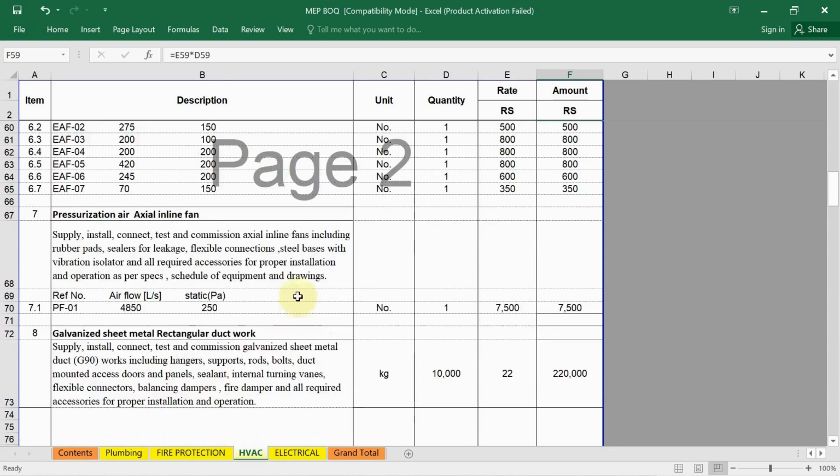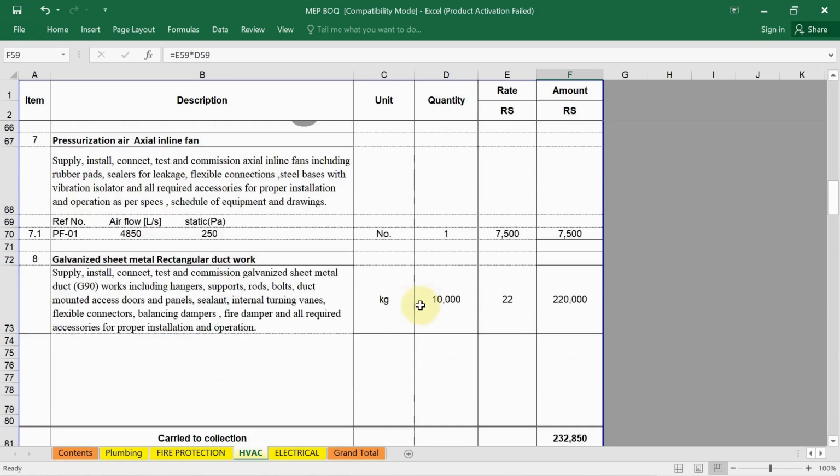Okay, same way pressurized air axial inline fan, let's say if you are using it to pressurize the staircase or lift lobby, so their fan detailed description, unit price. Same way the ducting work, like galvanized steel metal rectangular duct work. See, in the unit kg they have given, so it means the quantity here you have to write down in kg only.